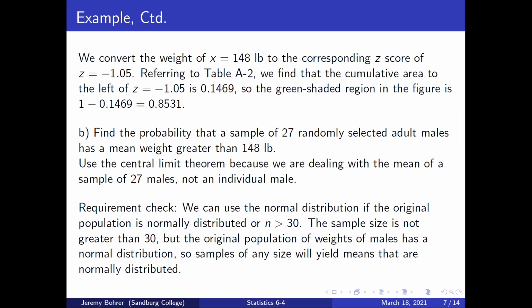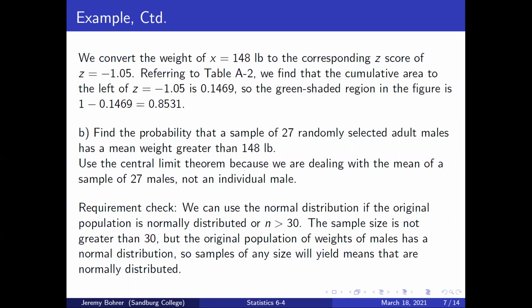So the green shaded region in the figure is 1 minus 0.1469, which is 0.8531. That's our probability. The probability that the weight is greater than 148 pounds is a little more than 85%.